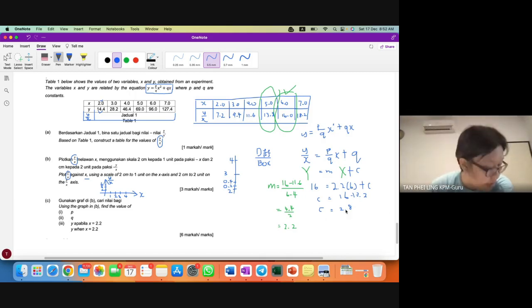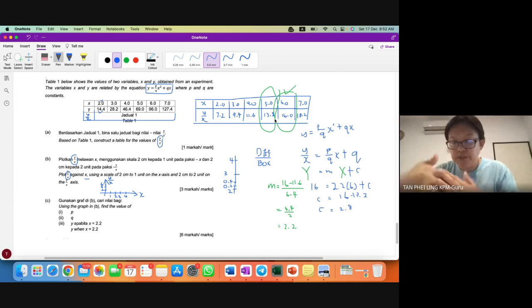So this gives you an idea that your C will be roughly 2.8. This is not very accurate, because you are choosing any 2 points that you feel are on the line, because as you adjust, you will see that this point surely has to pass through.